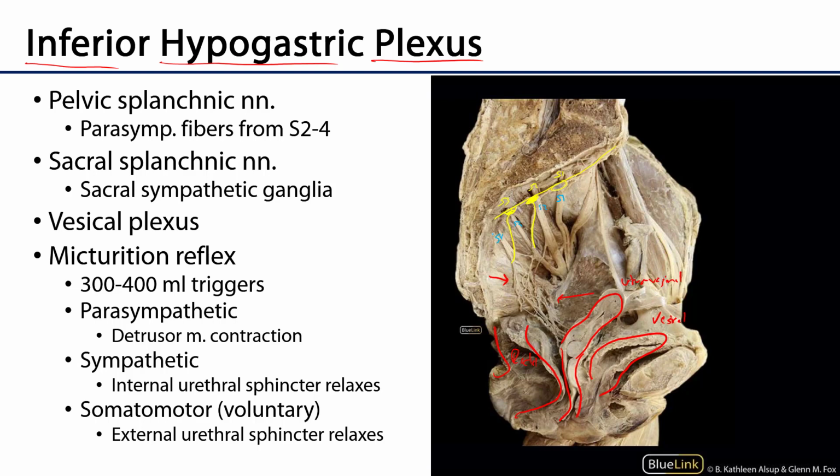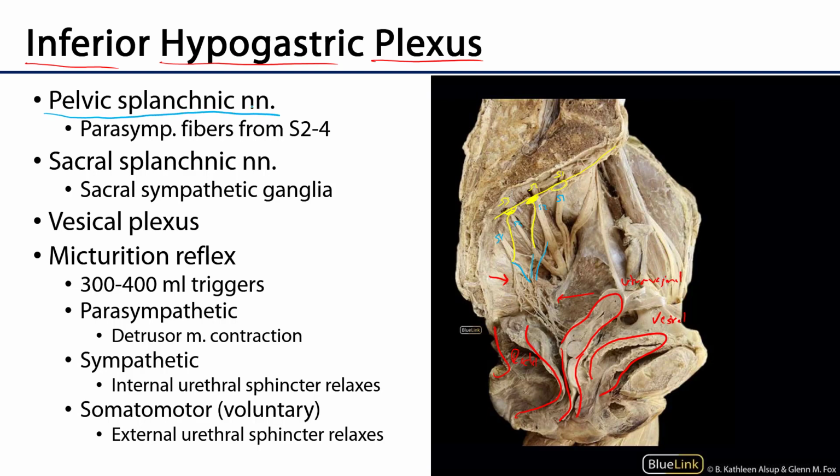Branches from S2, S3, and S4 go into the pelvis. So keep in mind, these are ventral primary rami, so they are mixed, but they're going to transmit preganglionic parasympathetic fibers called pelvic splanchnic nerves.